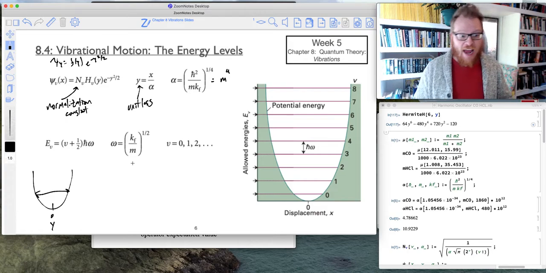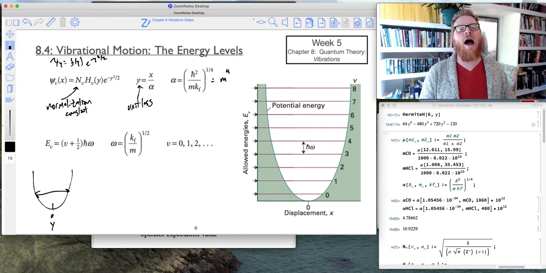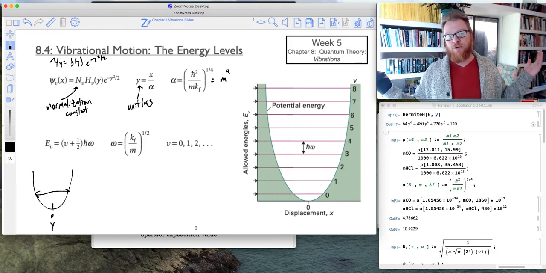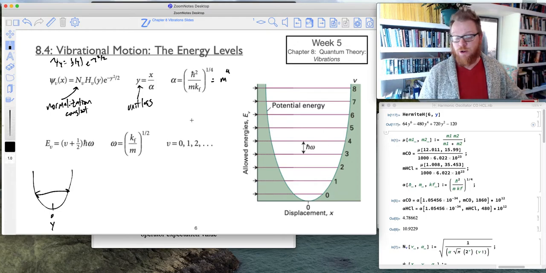However, if we wanted to do this in proper units, then any place we see a y, we replace it with x divided by alpha, all right? And then we will actually be calculating the wave function in actual units of displacement, in terms of meters, if we used all of our standard notation.